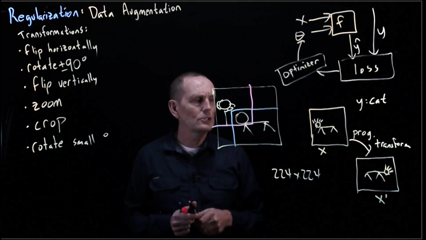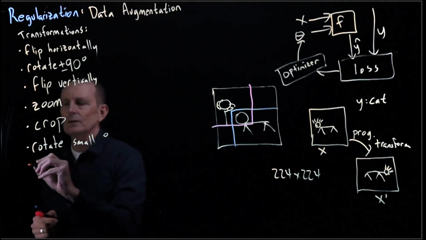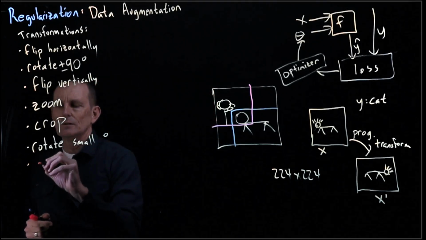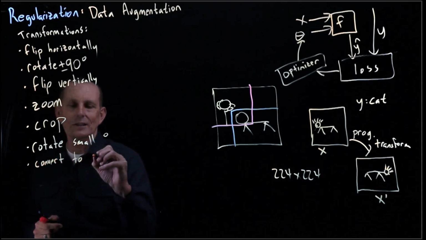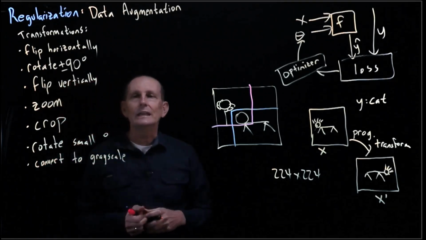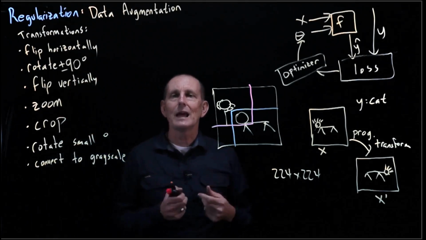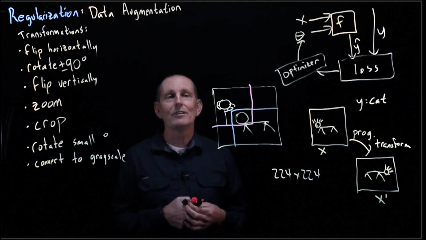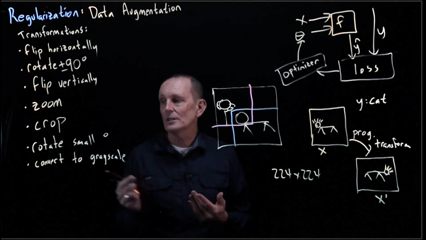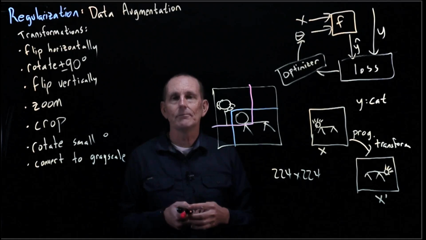Other sorts of augmentation. Well, we could convert to grayscale. If our images come in both color and black and white, and if out in the wild we'll be seeing black and white pictures, then it makes sense that that's one thing we could do. We could take this color one and just convert it to grayscale.